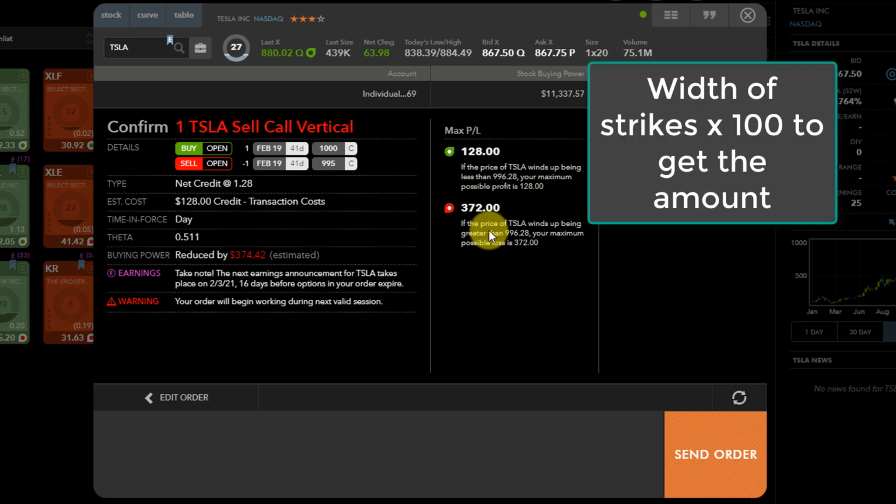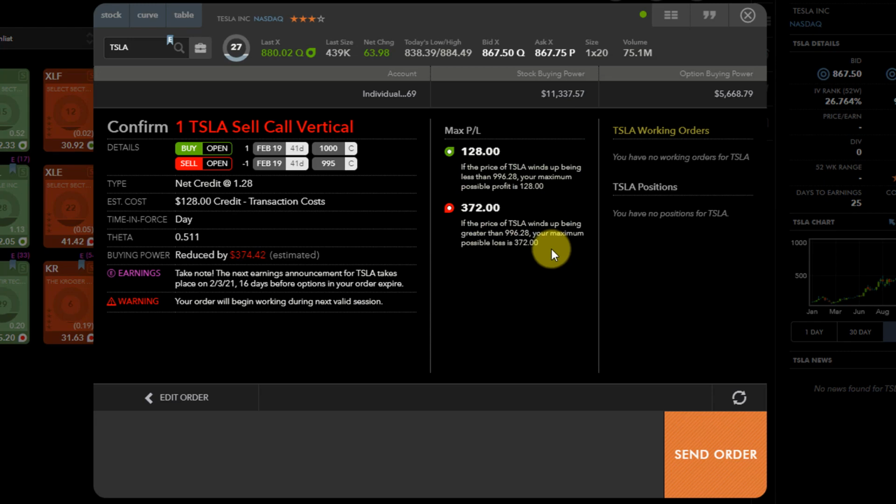So you would basically take 500 minus what you collected. So 500 minus 128, your max loss would be 372. What's also nice here is that you can see the amount of theta that you're collecting on a daily basis. So this means that for every day that passes, as of now, you would collect around 50 cents of theta decay.